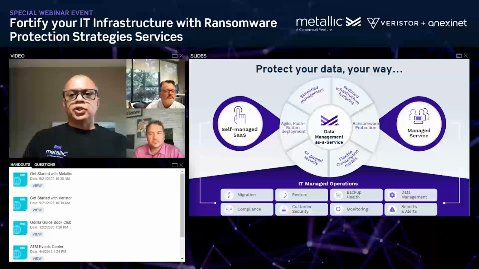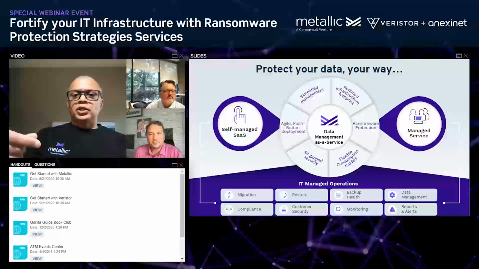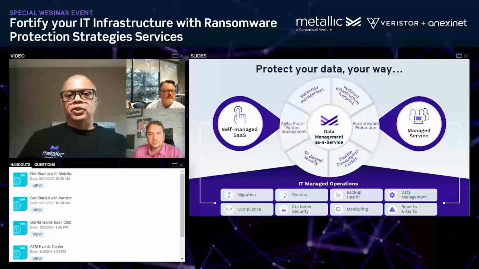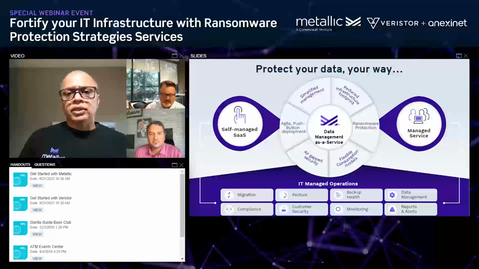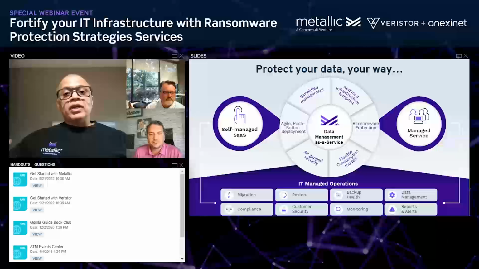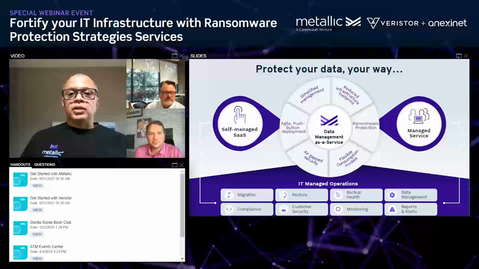So customers get to choose. If they're Azure, the customer gets to choose which Azure region they want their data stored in. If it's AWS, the customer chooses which AWS region they want their data stored in. If it's OCI, same like that. So we give a lot of that power to the customer, but we have architected a backend to be fully redundant, highly available from a reliability, availability, serviceability, and security perspective.